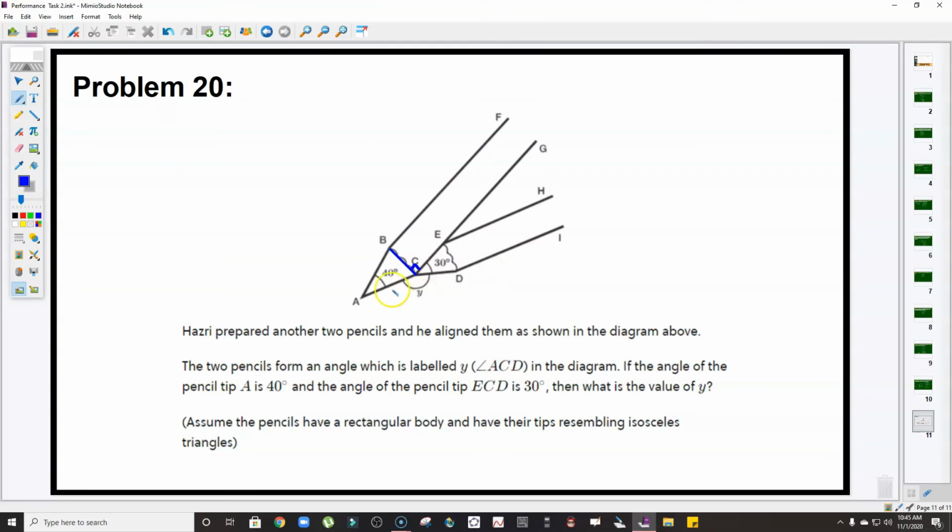Now, take note, after connecting B and C, I can have AB equals AC. Therefore, yung triangle BAC natin is isosceles as well.